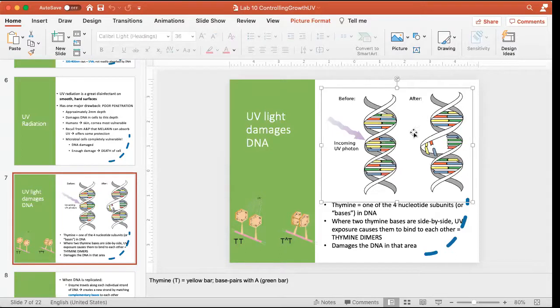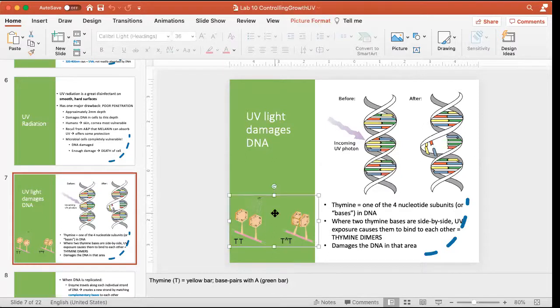Essentially, the double strand is broken, and the 2 thymines bind to each other. This is what we call a dimer, and it's specifically a thymine dimer. And this is what ultraviolet radiation does to DNA.